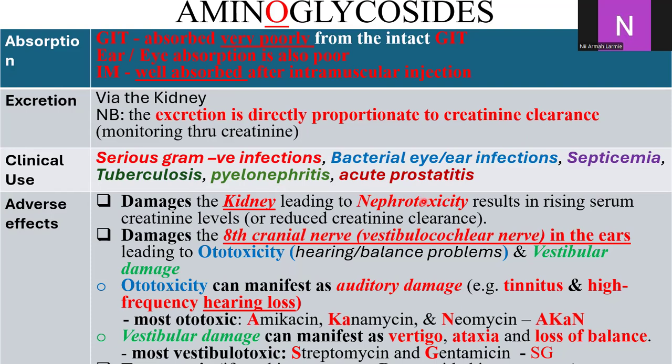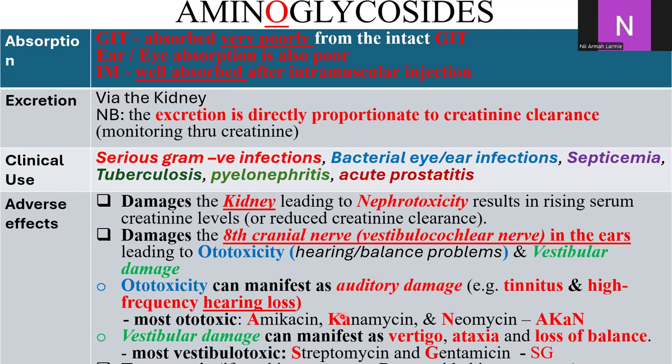It's been shown that aminoglycosides like amikacin, kanamycin, neomycin, what I like to call ACAN, are usually the ones that give us the most ototoxic effects, whereas aminoglycosides like streptomycin and gentamicin are the ones that give us the most vestibular toxic effect.